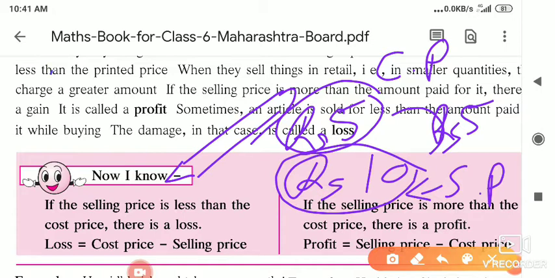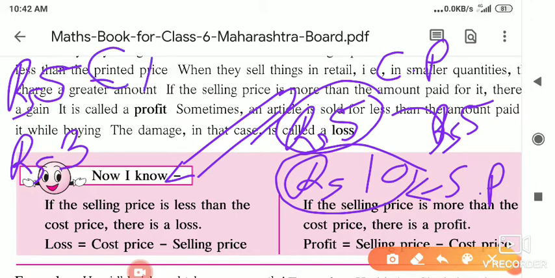And here, the same example: if I got this pen for 5 rupees, and due to some mistake I sold it for 3 rupees. So in this transaction my CP is more than the SP. It means I took this pen for 5 rupees and sold it for 3 rupees, and that's why I have a loss here.